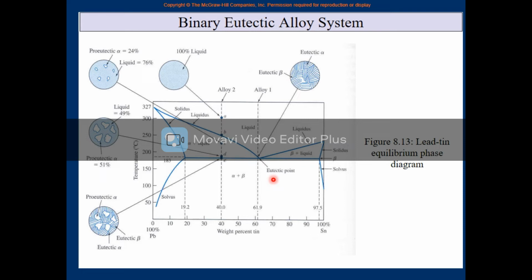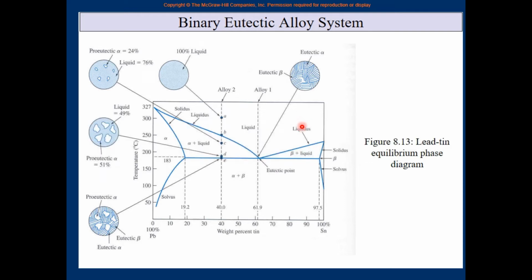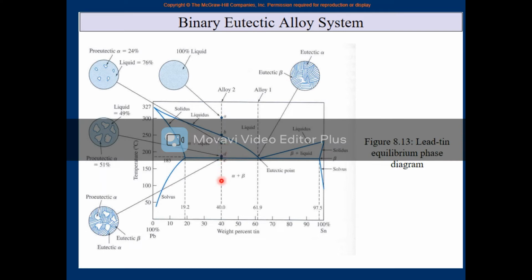At any other point, if I am here, it is liquid, then it will become beta plus liquid, which is liquid and solid, and then it will become solid. Anywhere here, it will become liquid, liquid plus solid, and then solid. But at this special point, it will change from liquid directly to two solids.